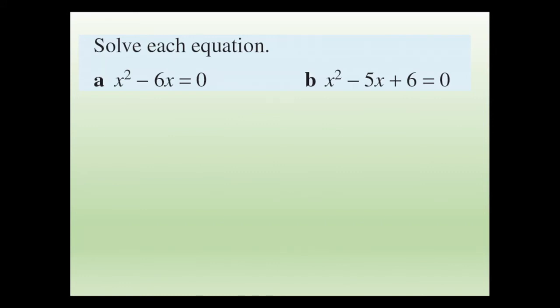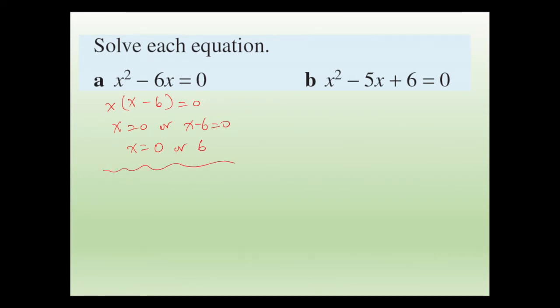Now let's solve this problem. For A, I need to factorize it. I need to take out the x as the highest common factor. Therefore, x times x minus 6 equals 0. With the null factor law, we know that x equals 0 or x minus 6 equals 0. Therefore, x equals 0 or 6.